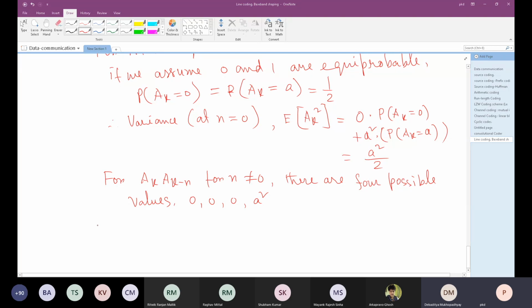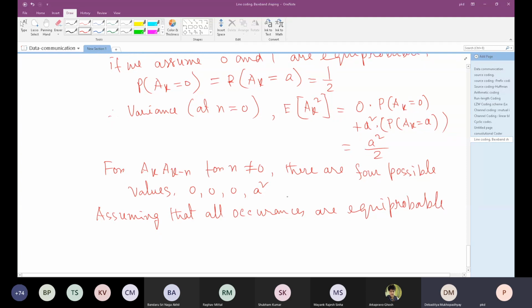Again, we assume that all occurrences are equiprobable, that is, the symbols are statistically independent.